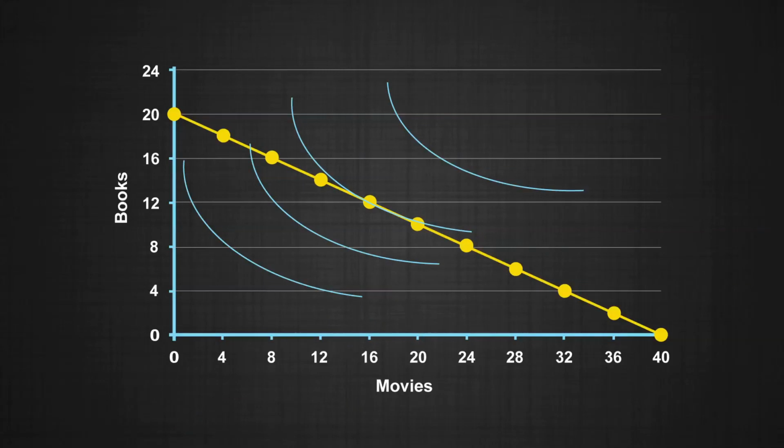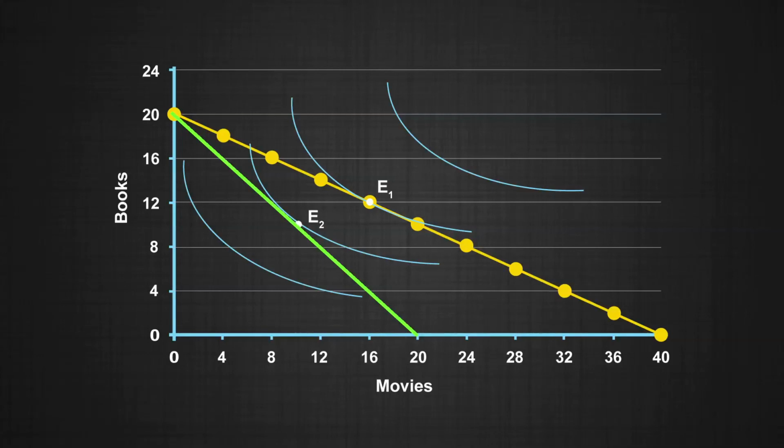Superimposed on the new budget line then is the consumer's indifference map once again. The consumer's old equilibrium, E1, is now beyond his new budget line, which is green in color. He cannot afford it anymore. His new equilibrium, where his new budget line is tangent to the highest indifference curve that he can reach, is at E2.